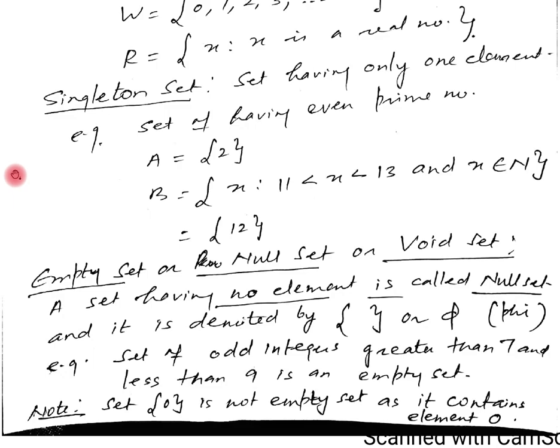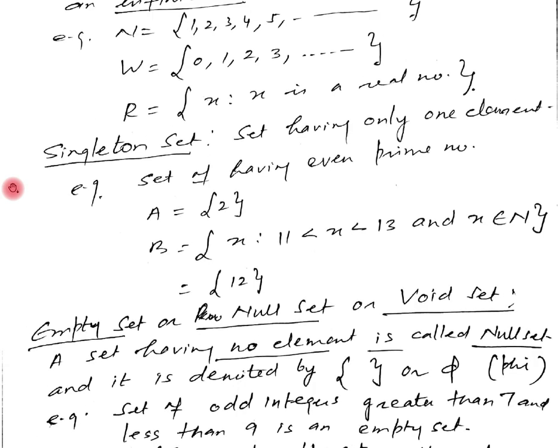One form can be converted into the other. Then I explained the different types of sets: finite set, infinite set, singleton set, and the empty set. This is all about today's lecture. Tomorrow I will discuss questions based upon today's lecture.